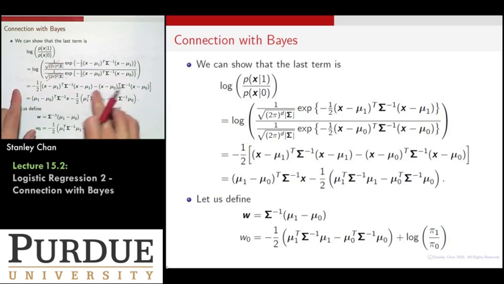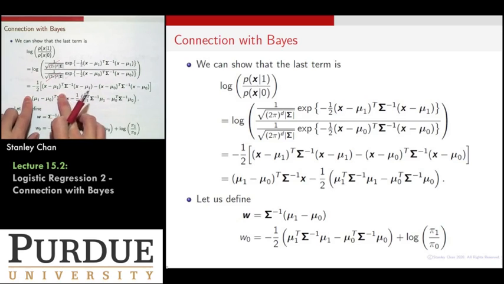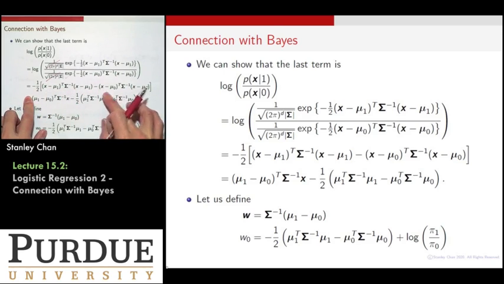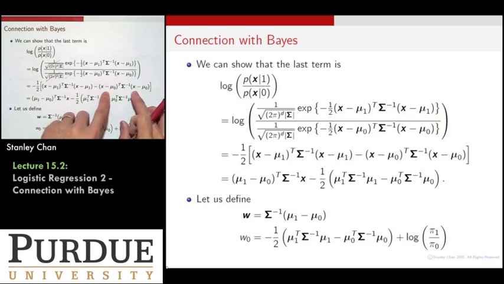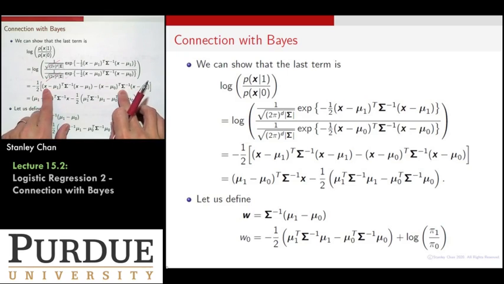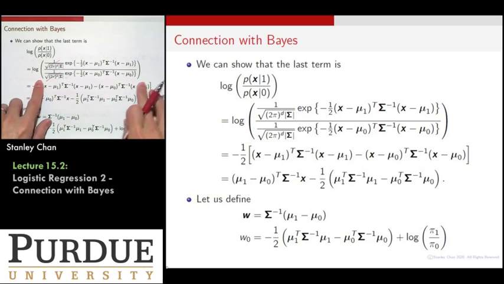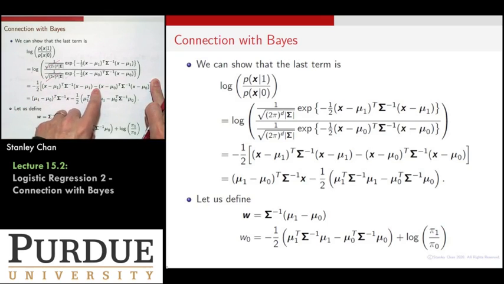And so then what? Well, then you can start to group the terms together by realizing that here you have x transpose sigma inverse x, and here you also have x transpose sigma inverse x. So the quadratic terms in this expression cancel out, because you have a minus here.